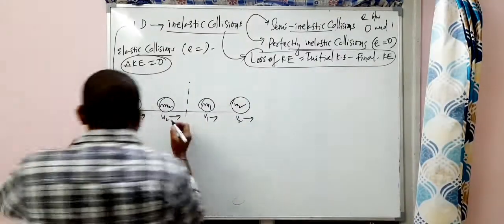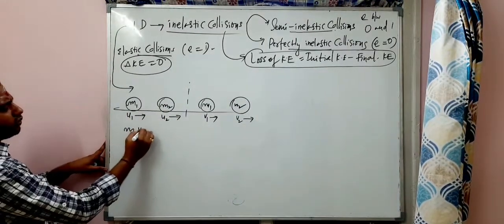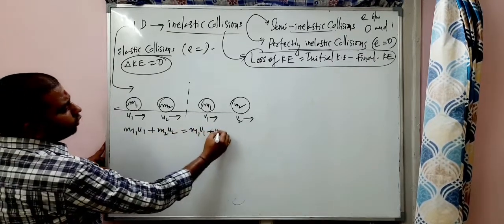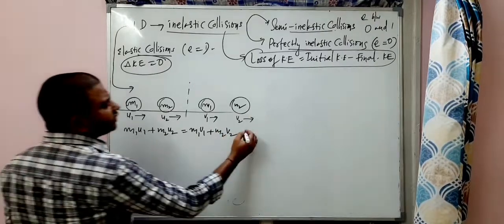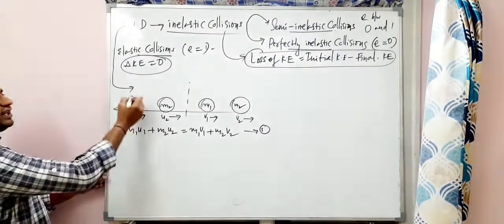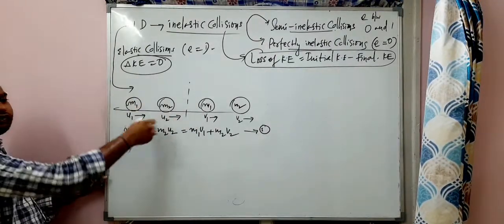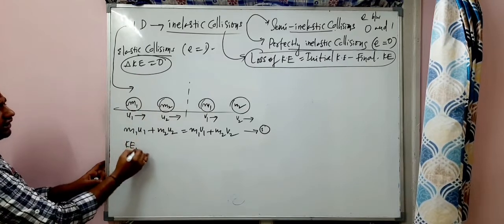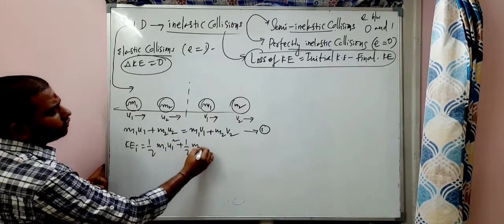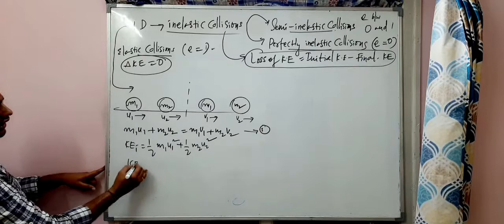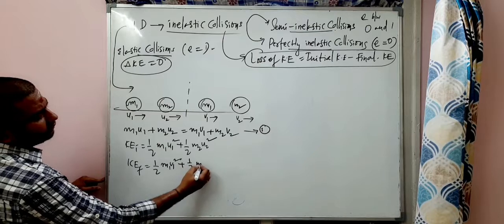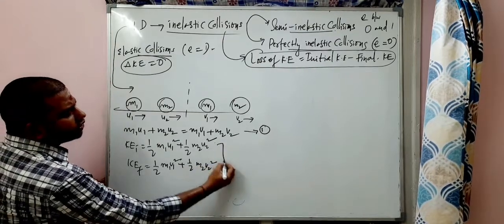Now, according to the law of conservation of linear momentum, m1 u1 plus m2 u2 is equal to m1 v1 plus m2 v2, and let it be equation number 1. The initial kinetic energy of the system is half m1 u1 square plus half m2 u2 square, and the final kinetic energy of the system is half m1 v1 square plus half m2 v2 square, and these two are not equal.